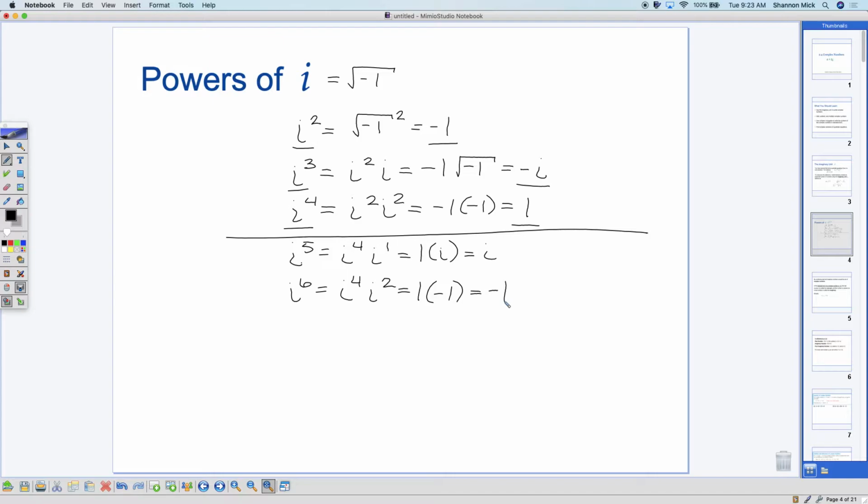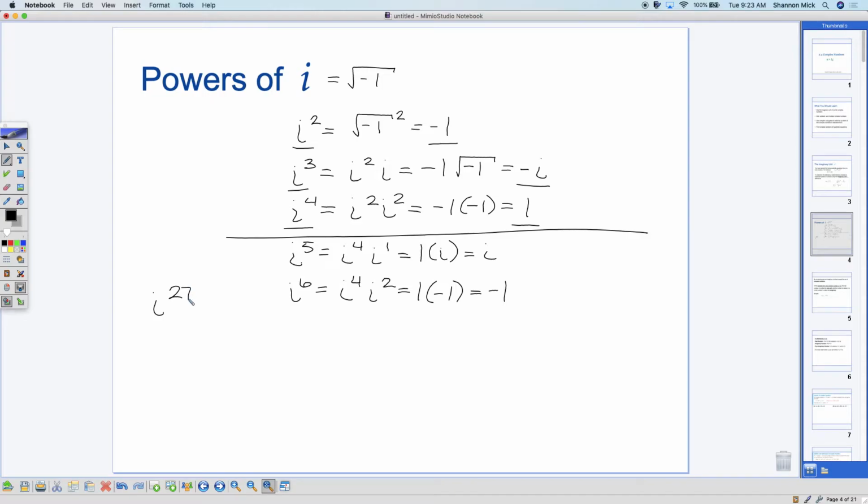Now, how this works, we're not going to keep going. The pattern keeps repeating. i to the 7th, can we guess what it's going to be? Negative i. i to the 8th is going to be 1. But if I give you i to the 27th, do you want to do all of them before that?